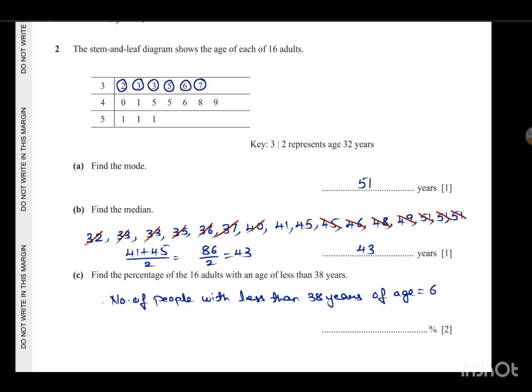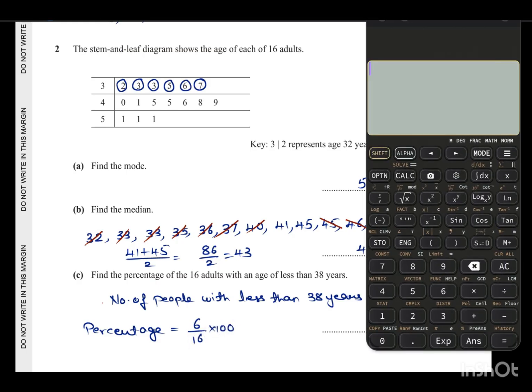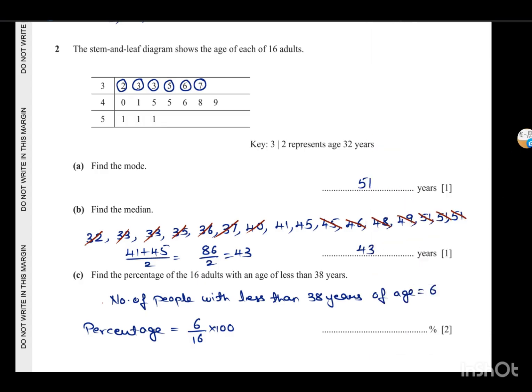The percentage of those people will be 6 out of 16 multiplied by 100. Just find that. Take the fraction button, 6 by 16 into 100. That is 37.5. This is the answer.